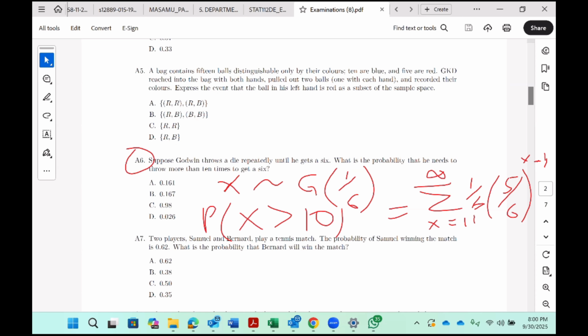So what will be our probability? We learned this. Your first term here will be 1/6 times 5/6 to the power 10, divided by 1 minus the common ratio, which is 5 over 6.